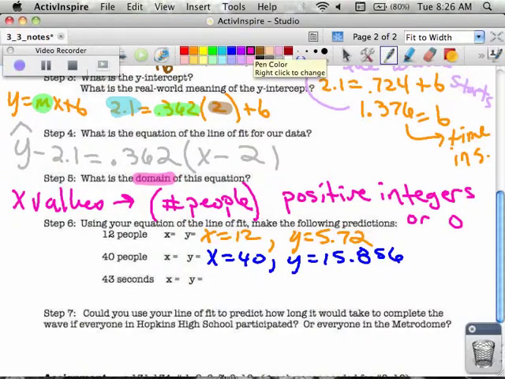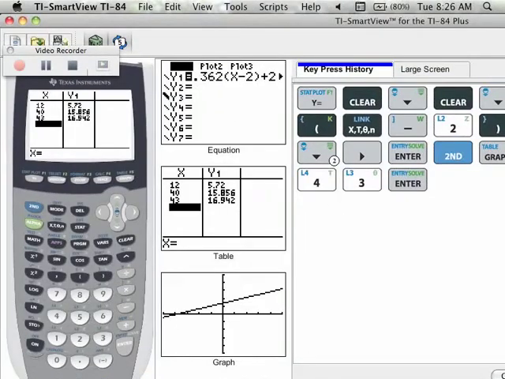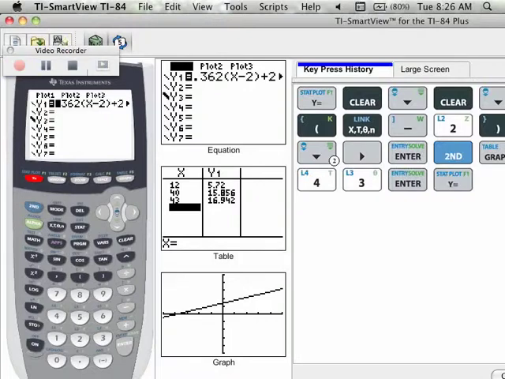The y value in this case is 43. And now I have to find the x. This is a little bit different. So in order to do this, here's what we do on our calculator. In my y equals, I'm going to put in the second y value as 43.